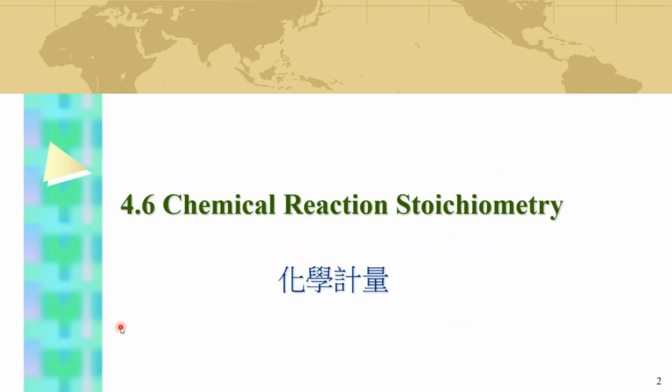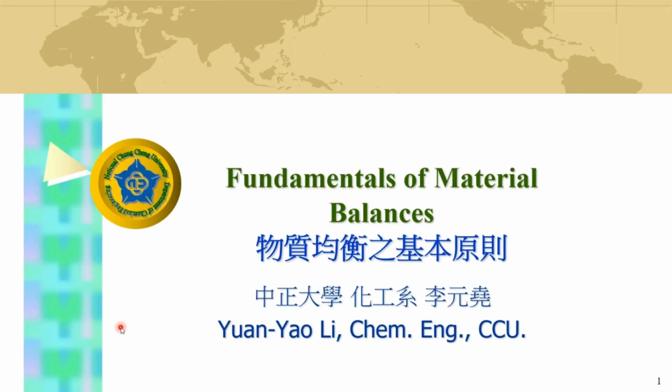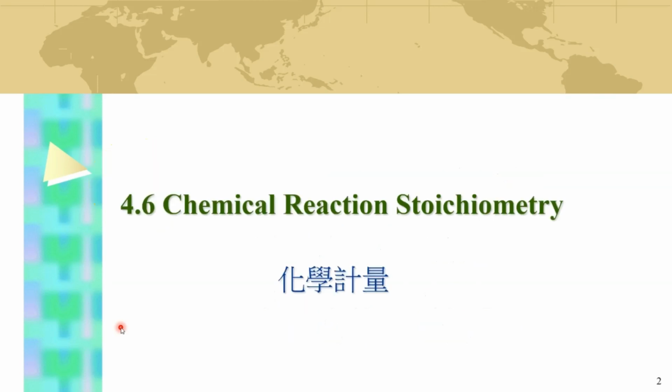So today, let's move to a new topic. We want to know, if the mass balance involves a chemical reaction, what can we do? Can we still say input equals output, or shall we introduce consumption and generation into the general balance equation?